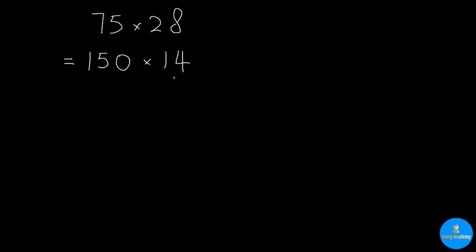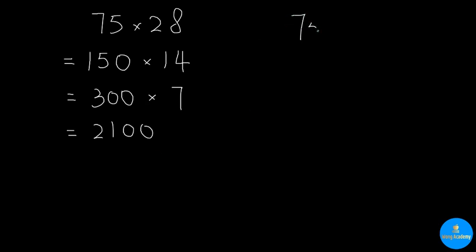Is there a way to avoid it as well? Well, let's see. Oh, 15 is another multiple of 5. 14 is still an even number. Therefore, we can once again double this number and make it into 300, and then halve this number to make a 7. This time, all we need to do is to multiply 3 with a 7, that's 21. And we are done.